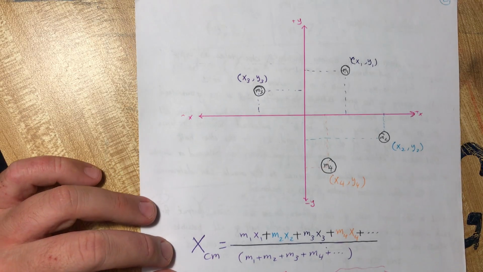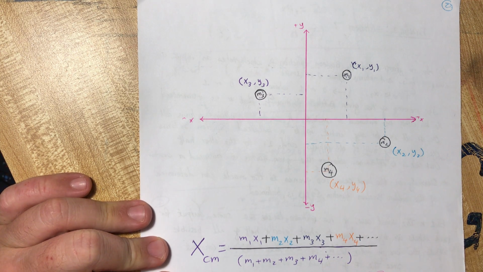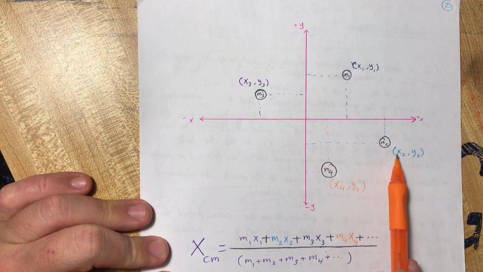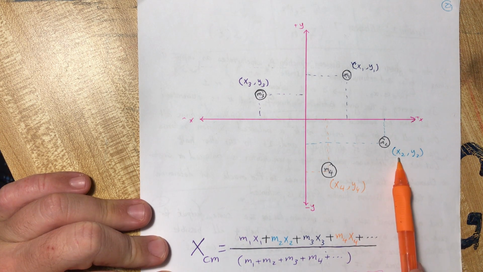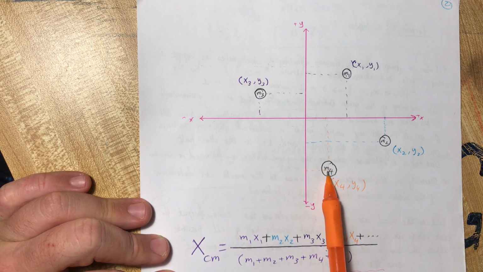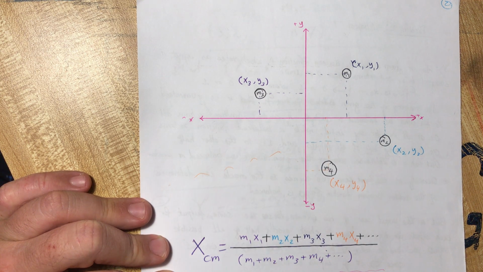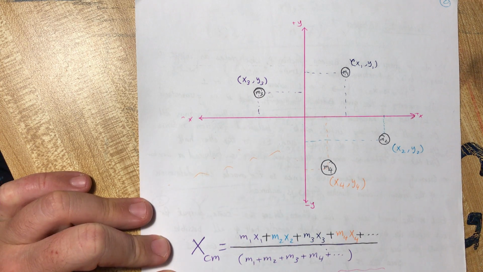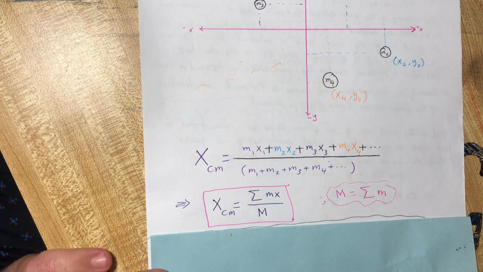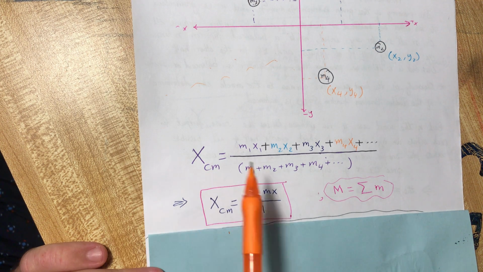What if we go to two directions, the x and y plane, and more than one mass? If we have the first mass with its position x1, y1, the second mass with its position x2, y2, the third mass with x3, y3, and the fourth mass at x4, y4, and we can put any mass we want with known positions. Okay. If we need to find the x position of center of mass, how can we find that?